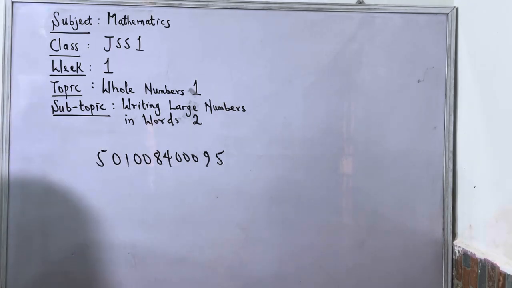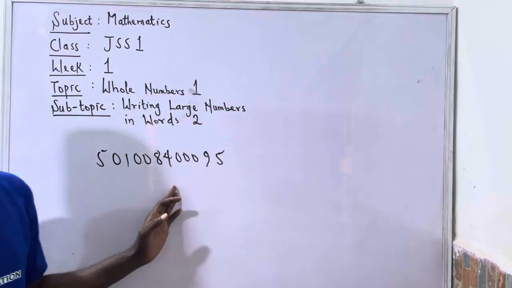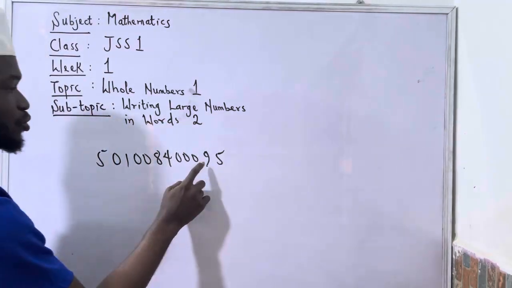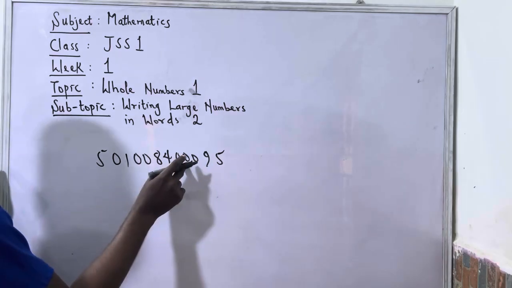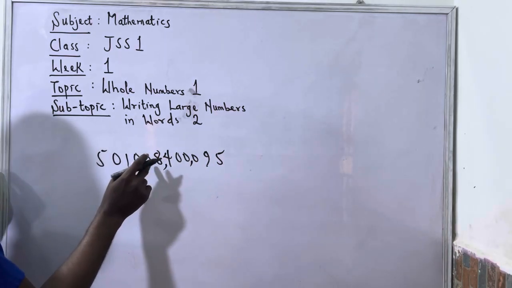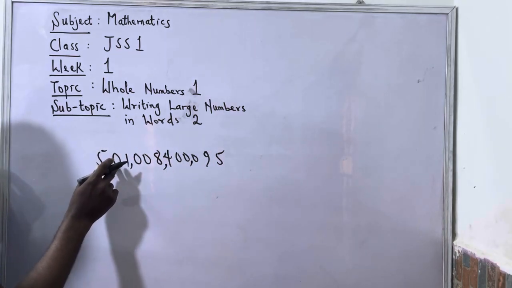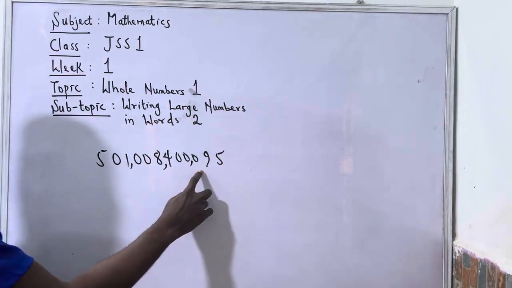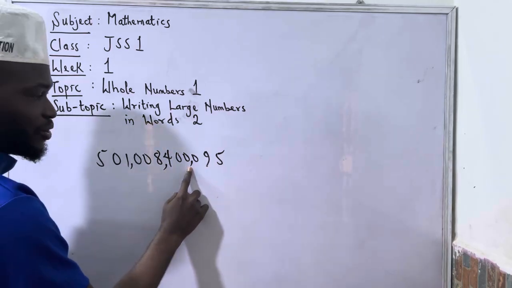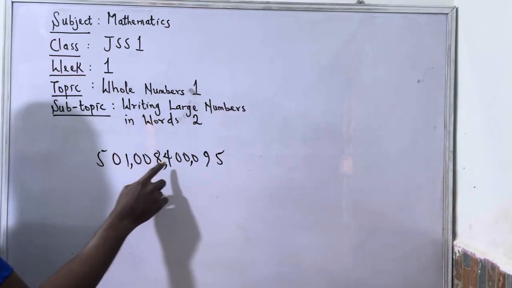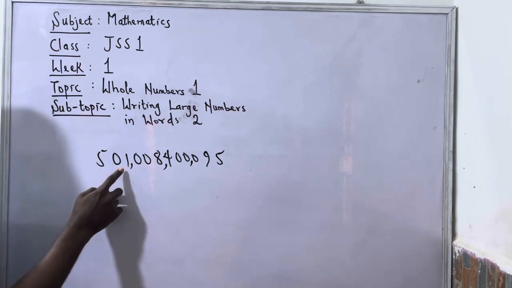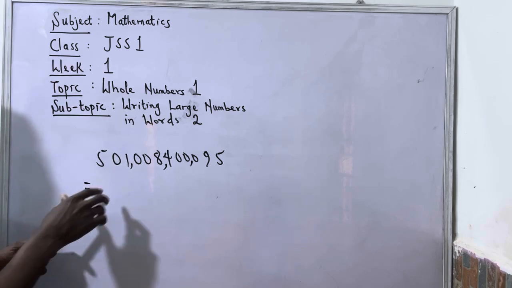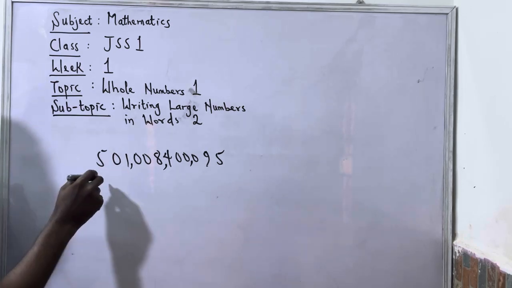The first thing is, let us select three family members. 1, 2, 3, comma, 1, 2, 3, comma, 1, 2, 3, comma, 1, 2, 3. Very good. This is the unit family. This is the thousand family. This is the million family. And this is the billion family. To pronounce this, I'm going to start with the billion family.